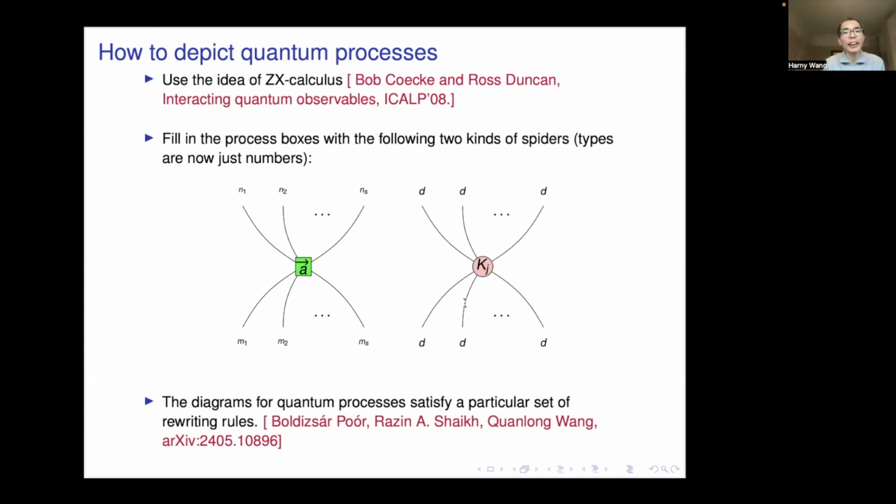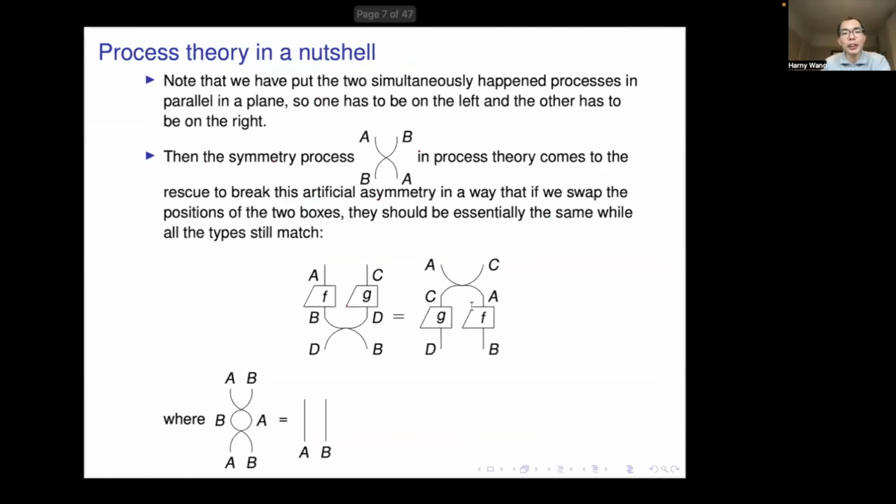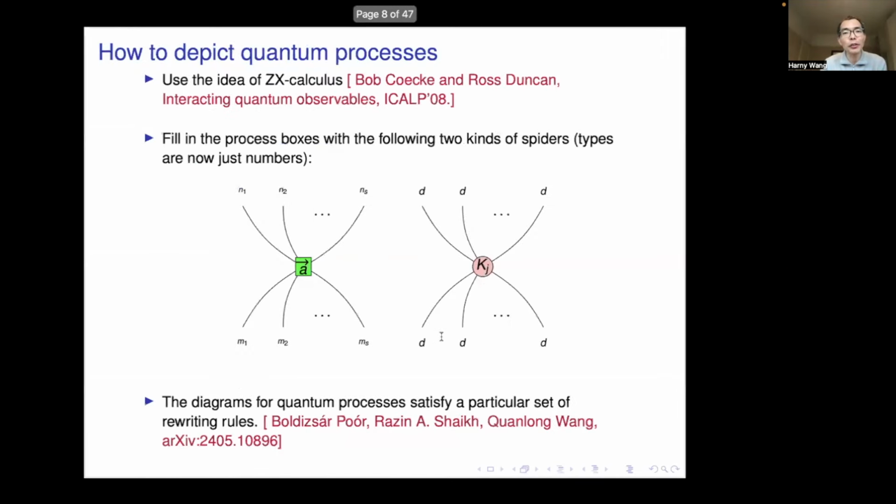But first, the idea is, how do we depict the quantum process, not a general process? That means the box. We use a general box for the processes, but now the box should be special, right?